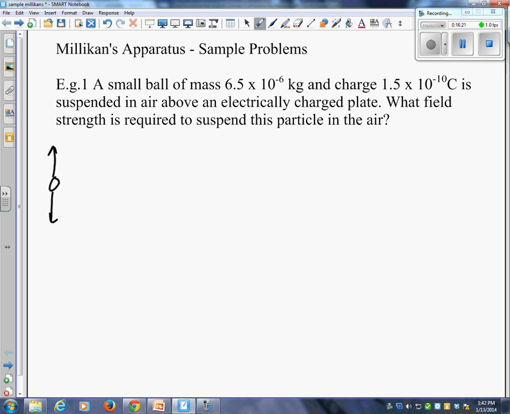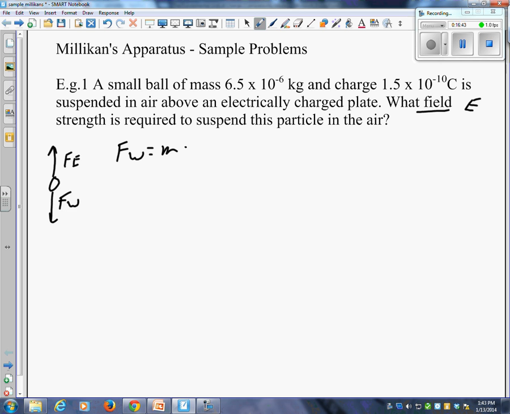So we are looking for the E, field strength. Okay, so I've got weight force and I've got electric force. What things do we know? I know the mass, I know the charge, and I also know gravity. Can I complete Fw equals mg? Yes.